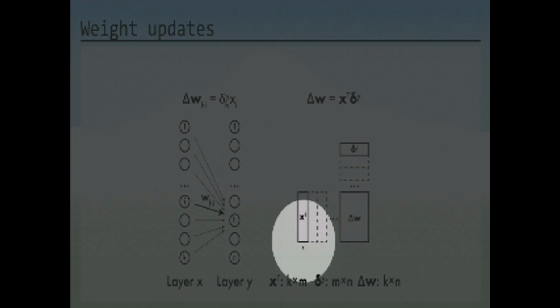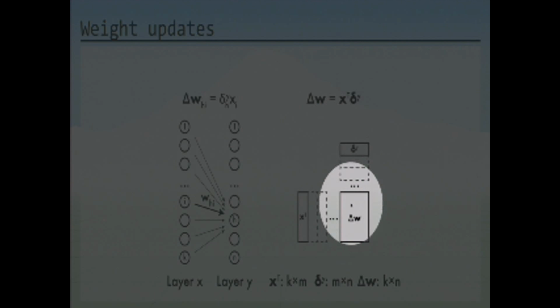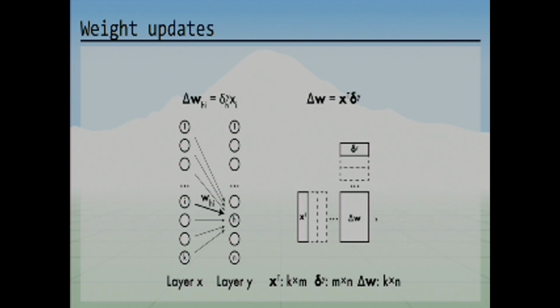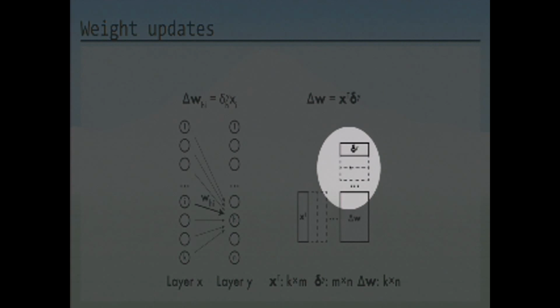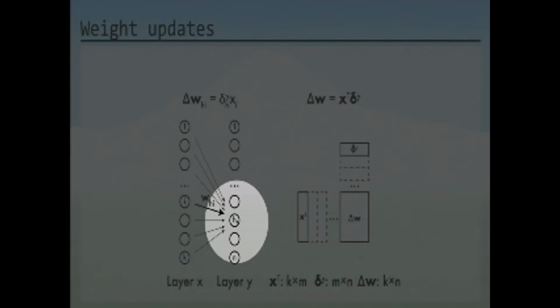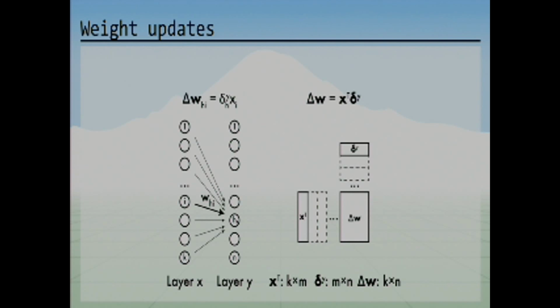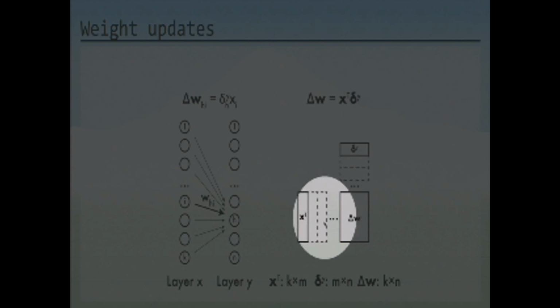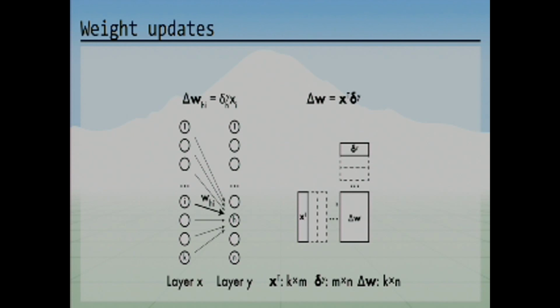And when we do this matrix operation, we end up with this matrix that is the same size as our weights that we had before, but this will basically be a calculation of the input x multiplied by the derivative information that's coming from y. And each entry in here will correspond to the amount that we want to update the weight w. Basically, the partial derivative at w of our loss function for the entire network.